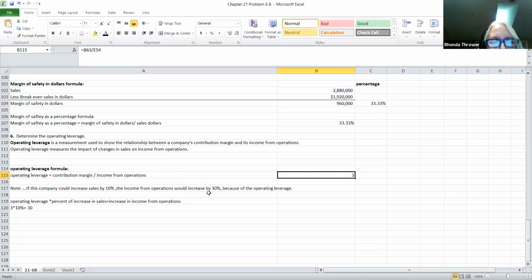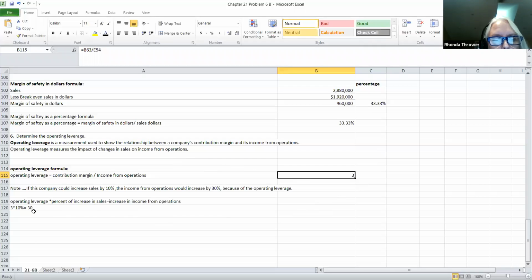And that increase in income from operations would be because of this 3 times the contribution margin as compared to the income from operations. But the operating leverage multiplied by the percent of increase in sales will give you an increase in income from operations. So management could use this for what if analysis.